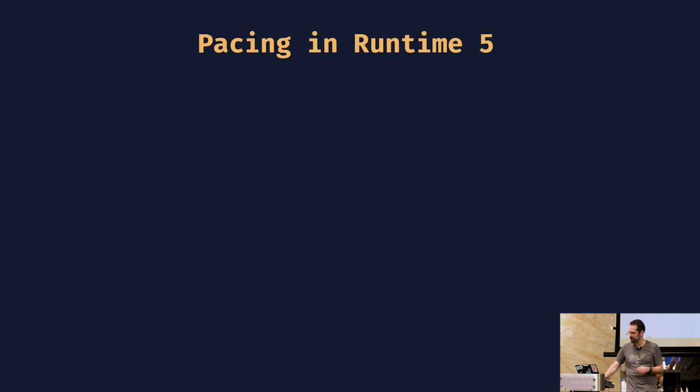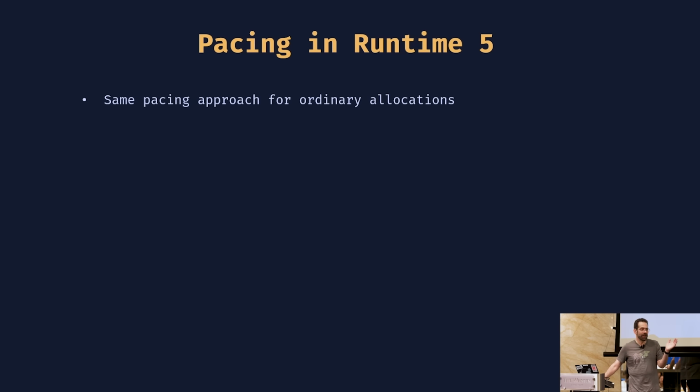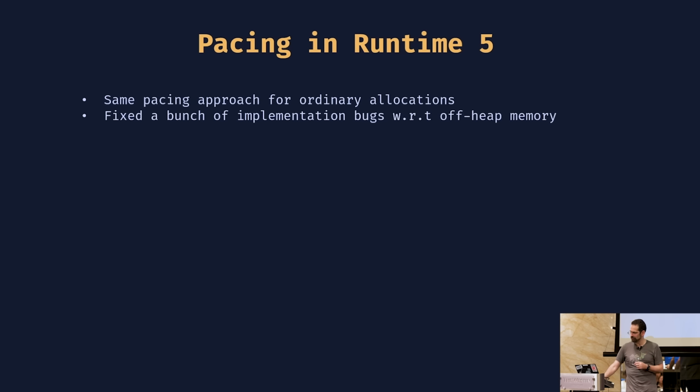Okay, runtime 5. How does that work? The pacing approach for ordinary allocations is just the same. One of the nice things about the original paper is it's a very conservative design. It tries, and successfully, to preserve a lot of good decisions from the original collector. But it did fix a bunch of implementation bugs with respect to off-heap memory in particular.